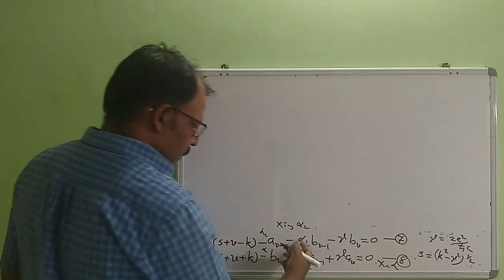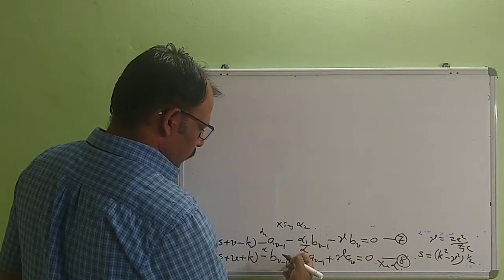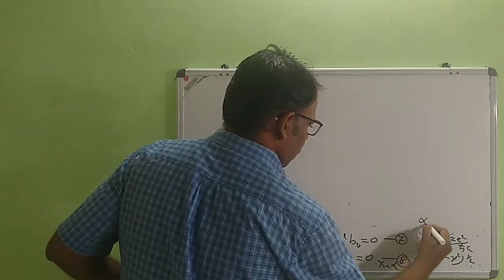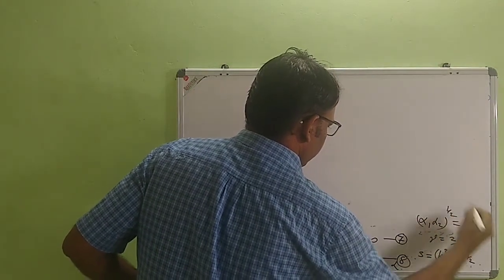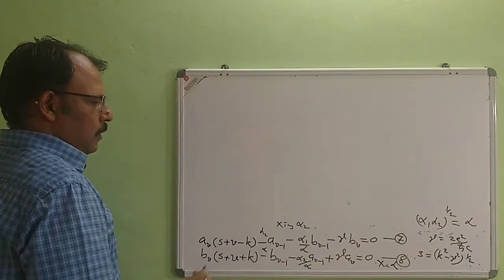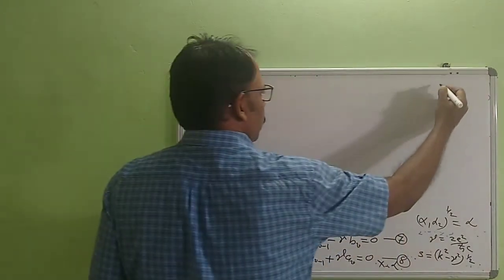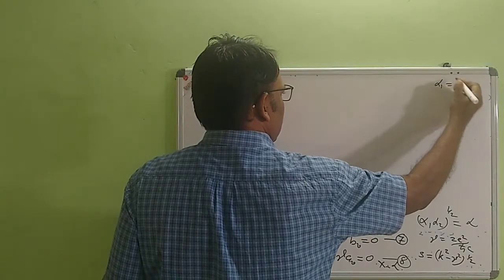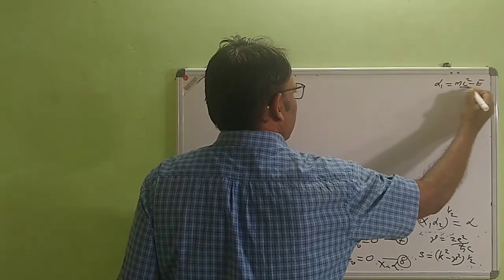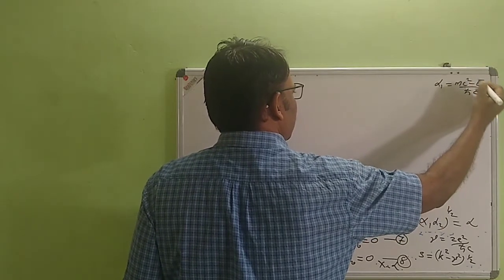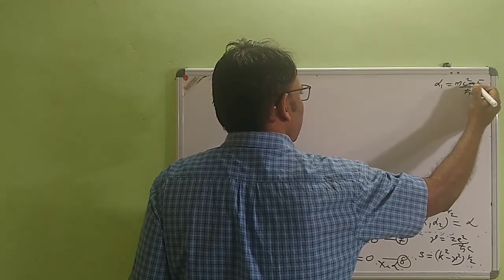Then this term is alpha 2 alpha 1 by alpha. We have already seen that alpha 1 alpha 2, the whole raised to 1 by 2, we have substituted as alpha, and we did alpha 1 alpha 2 in the last class. Alpha 1 is MC square minus E by H bar C. I don't remember whether it is minus or plus. I think it is plus.